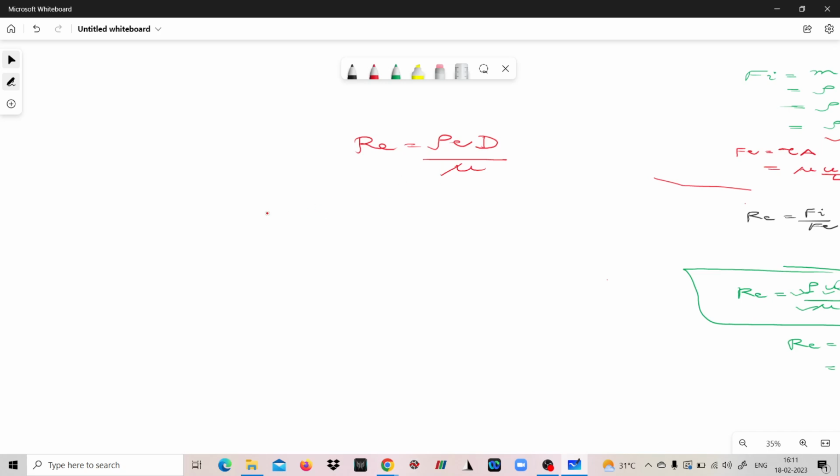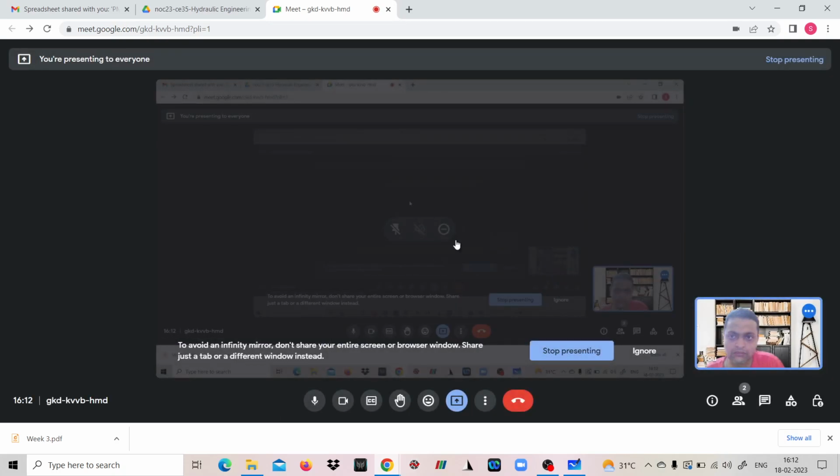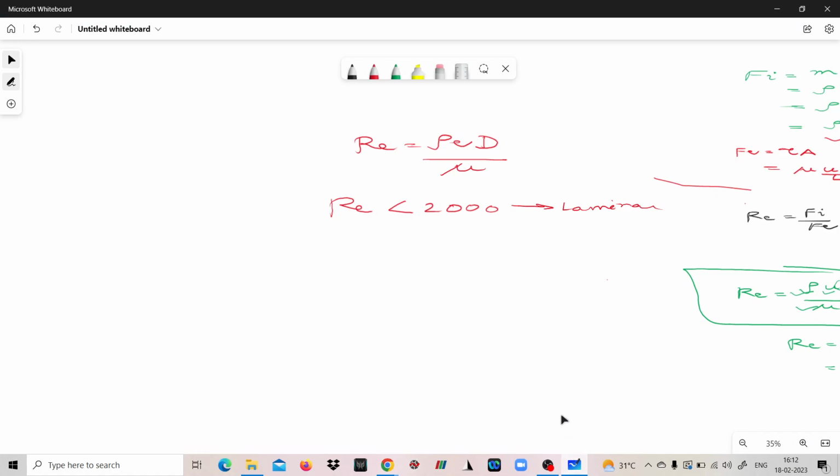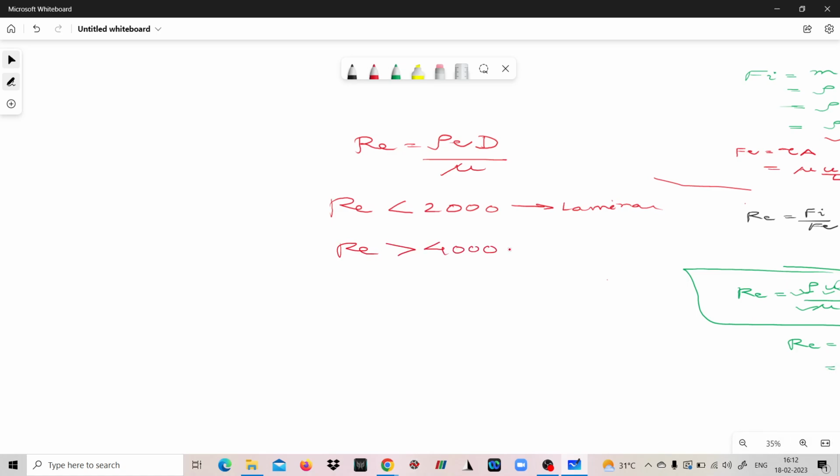So, in case of a fully developed pipe flow, if our Reynolds number is less than 2000, then we say that the flow is laminar. If Reynolds number is greater than 4000, we say that the flow is turbulent.